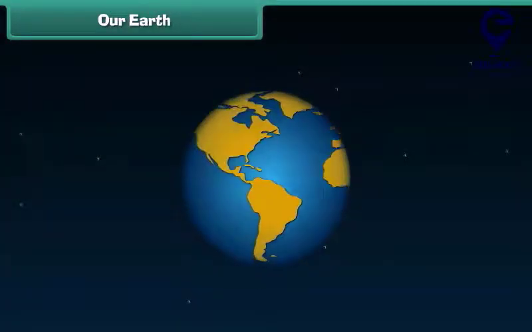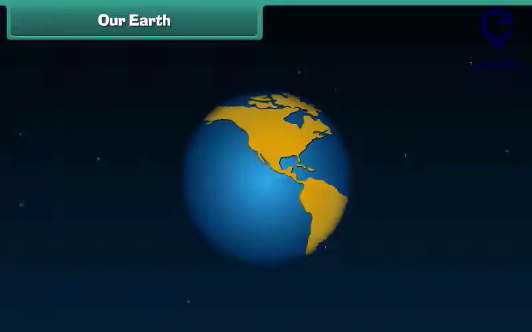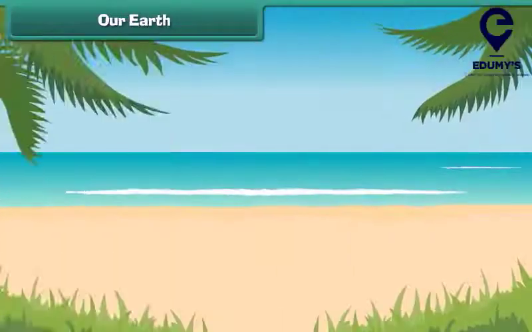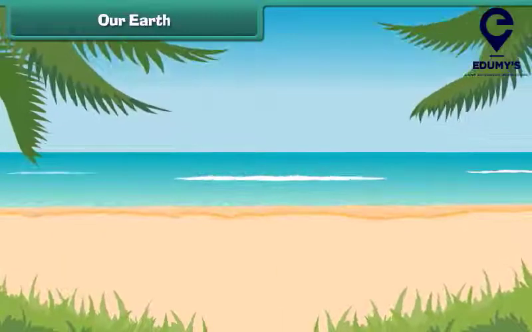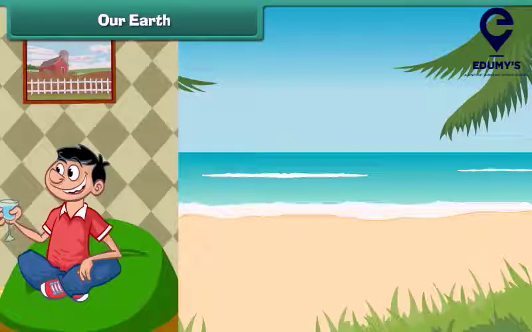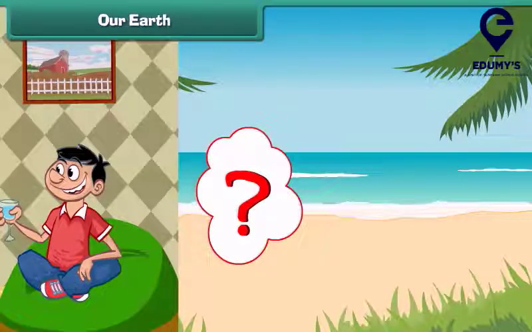Friends, we live on a planet called Earth, which is round in shape, just like an orange. It has a sky above and oceans filled with water below. We breathe in air and drink water daily. But do you think that we can live without air and water? No, it is not possible.